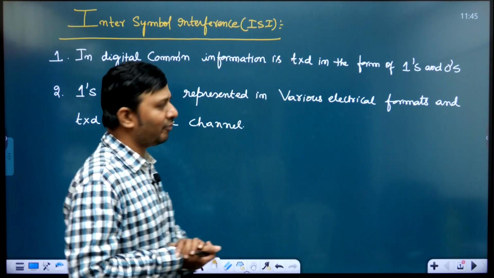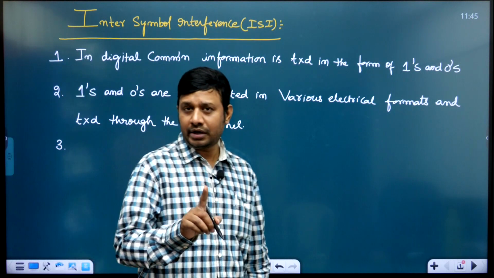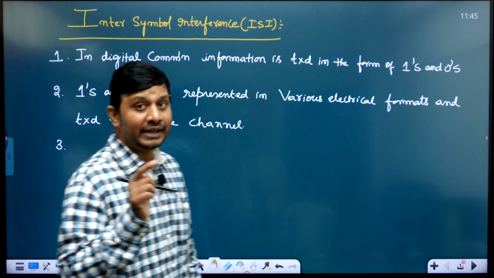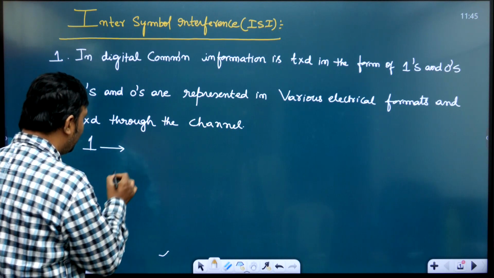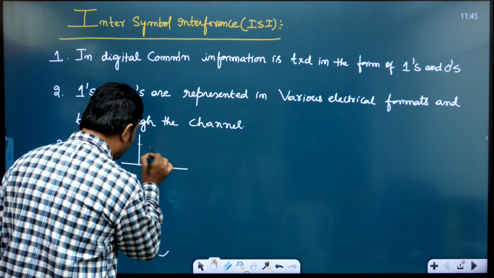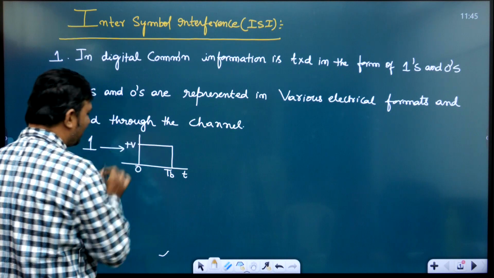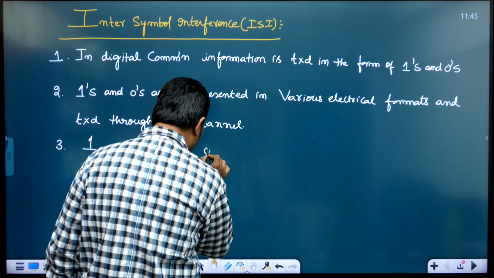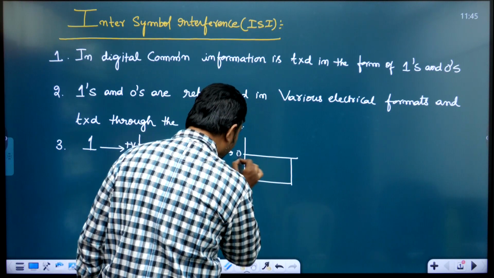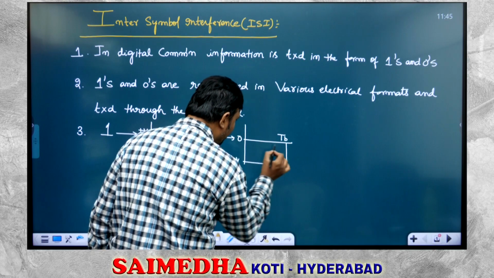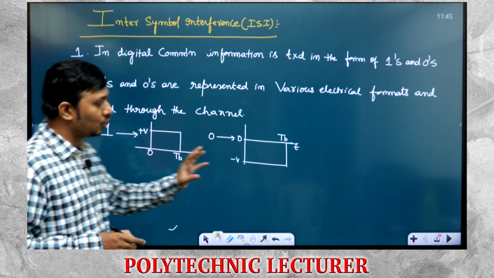Many encoding schemes we have, but here I'll make use of a popular scheme known as non-return to zero or bipolar signaling, in which if I want to transmit one, I'll transmit this kind of rectangular pulse having some voltage plus V. And if I want to transmit zero, I'll transmit this kind of rectangular pulse of width TB and voltage minus V.